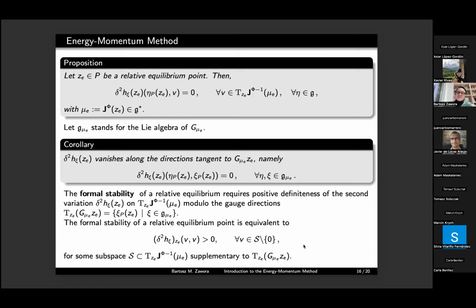This is basically the energy momentum method, which says that we can characterize the relative equilibrium points and their stability using only the extended function h_psi, and the formal stability boils down to the positive definiteness of the second variation of that function at this point for vectors in the vector subspace S.